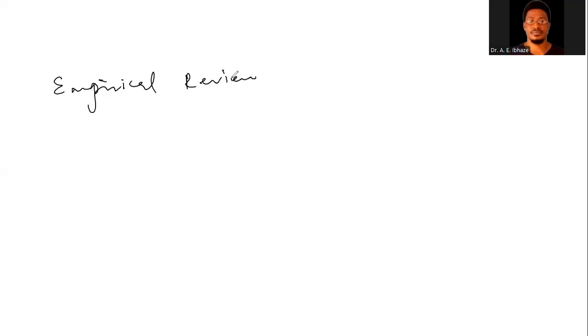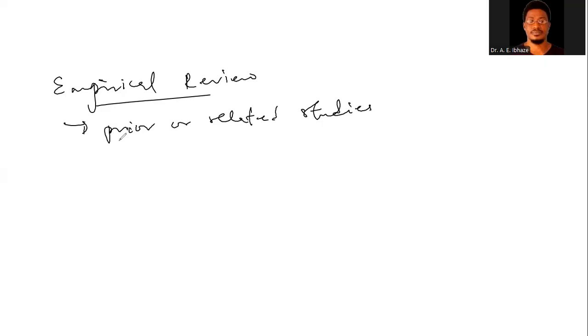So we want to do empirical review. Okay, so this is where you now want to look up prior or related studies. And now you want to look up quantitative research, because that's about what we do, addressing similar challenges.